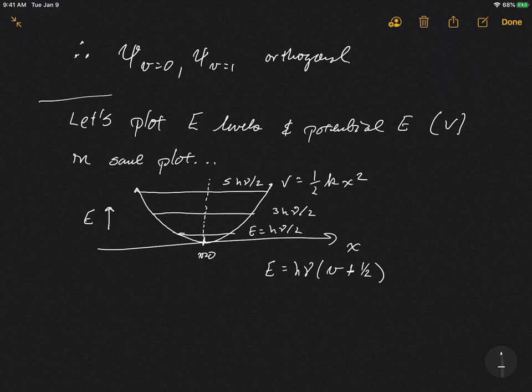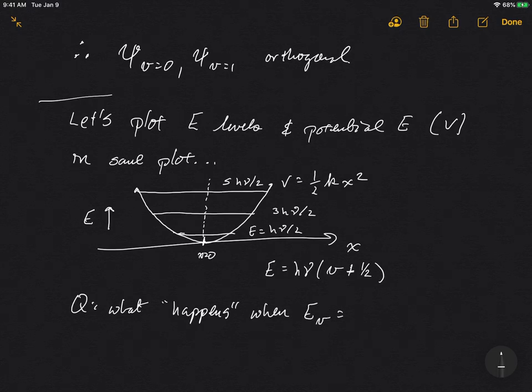Okay, and then I'd like us to consider something that I hinted at, having the lines for the energy levels stop where they meet the potential energy curve. Let's consider that for a minute. What's the situation when E sub v equals V?